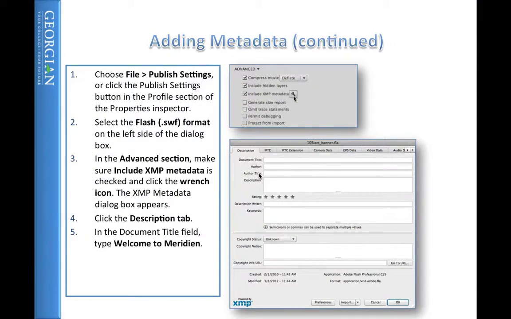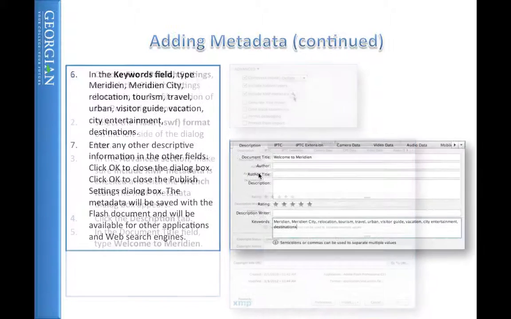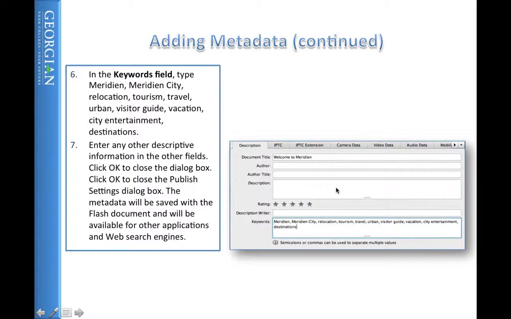So again, what we want to do is add things in the keywords field, the type of keywords that match up with the FLA that you're creating, the Flash file, right? Way back in the day, you had a lot of metadata that we'd add in, and it would help us find Flash content a little better.